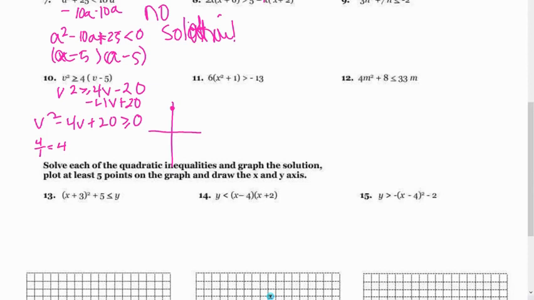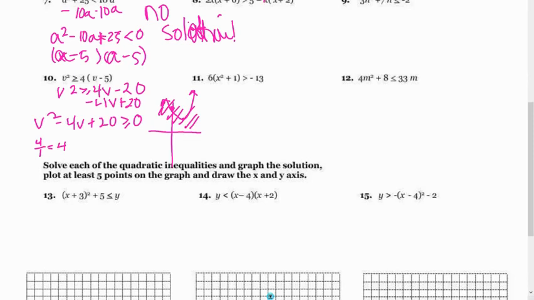And I could plug it in and I would get 4 squared, 16. So it would be up here, right? And all the way up here, and it's never negative. So what answers make this positive? Well, any answer that I would plug in would make it positive because I don't have any zeros.